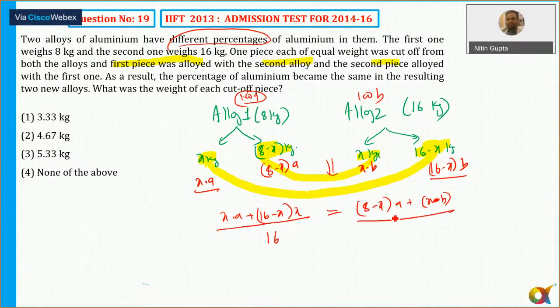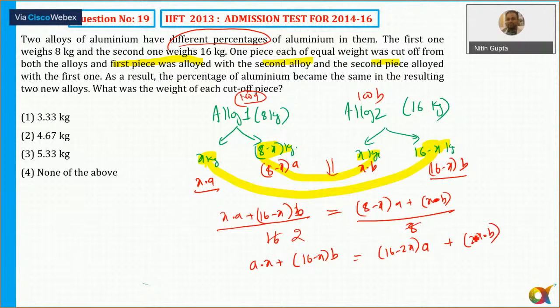So I just need to simplify this equation here. So it will come out to be 8 times, multiply here. So x times b is equal to 8 minus 6, 8, 2.